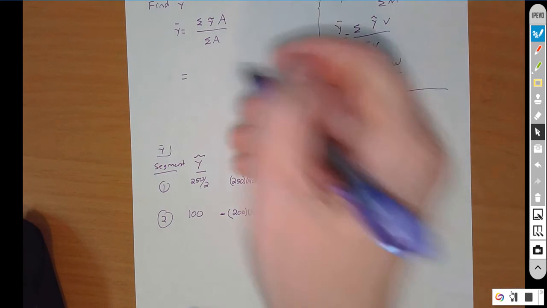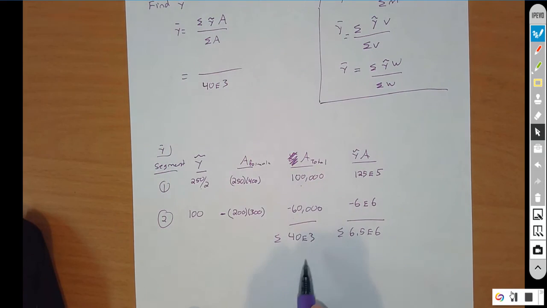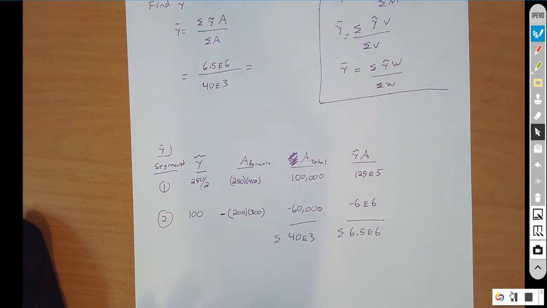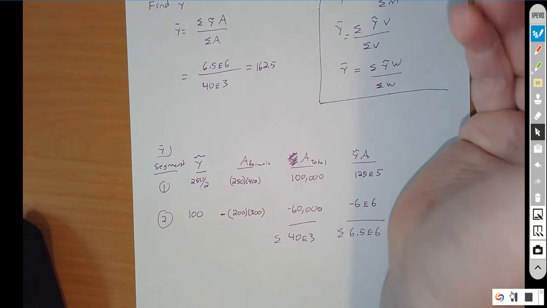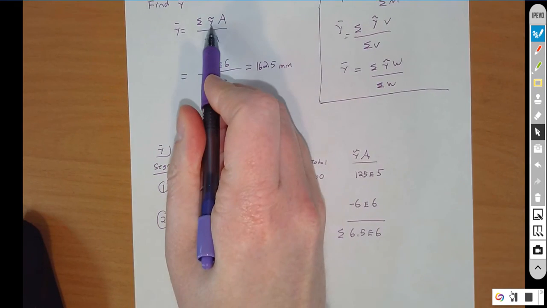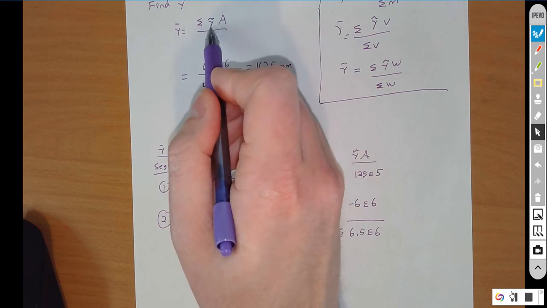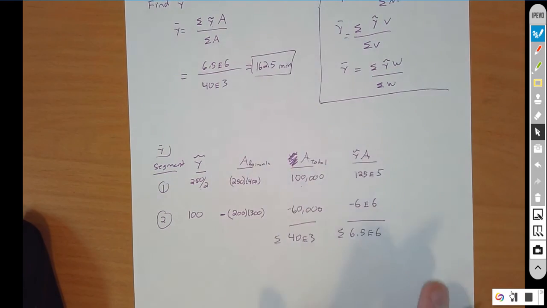On the bottom, the denominator is 40 E3, 40,000. The numerator is 6.5 E6. Put that in a calculator, and you will get 162.5. The units are millimeters, because you have millimeters over millimeters squared, and the millimeters squared cancel, leaving whatever unit you put this in as. So 162.5 millimeters.